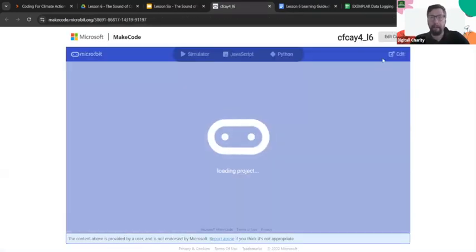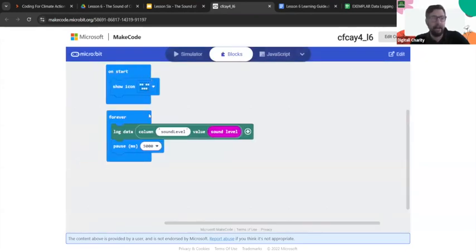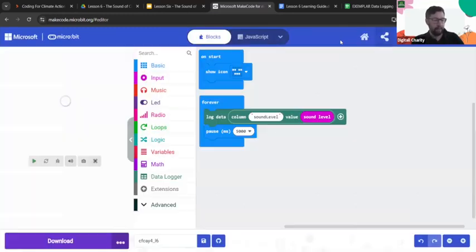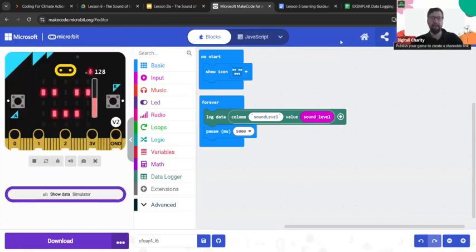So hopefully students will be able to pick apart, having read all this code now over the last 6 weeks, the fact that we have an on start icon and that as the program is running, it's logging sound level. Okay, so the input is the sound level and then it pauses. So we log the sound level and then pause for 5 seconds, log the sound level and then pause for 5 seconds. Let's see if I can download this to my micro:bit.